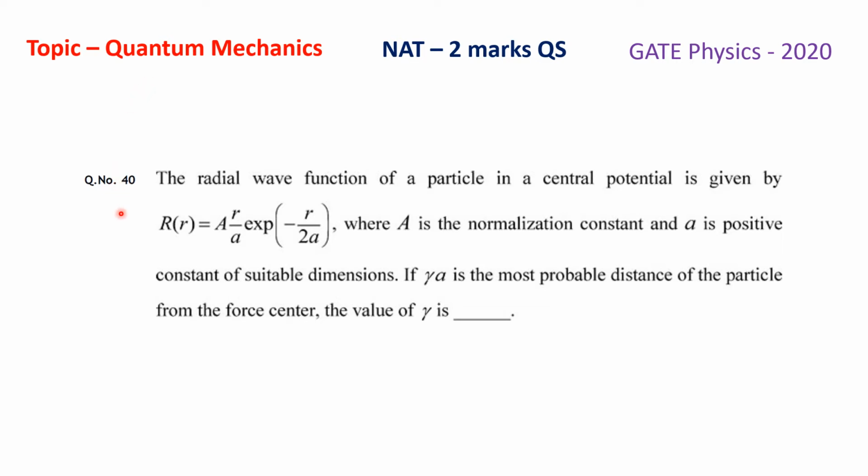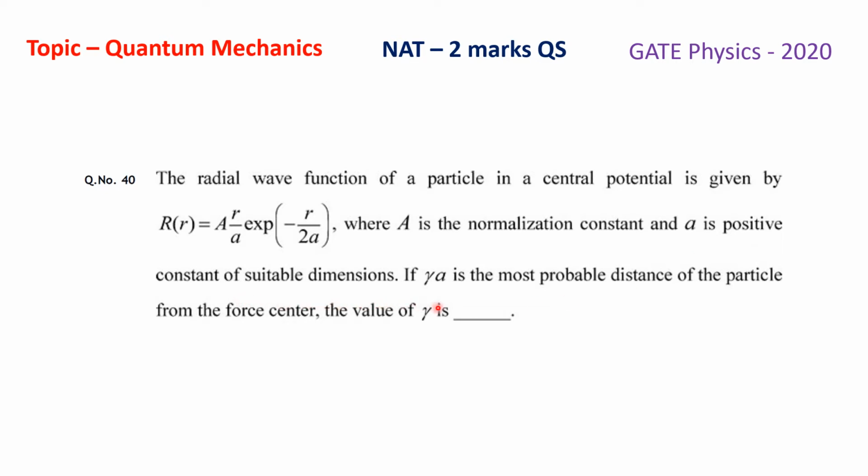The question is: the radial wave function of a particle in a central potential is given by R(r) = A r/a exp(-r/2a), where A is the normalization constant and a is a positive constant of suitable dimensions.